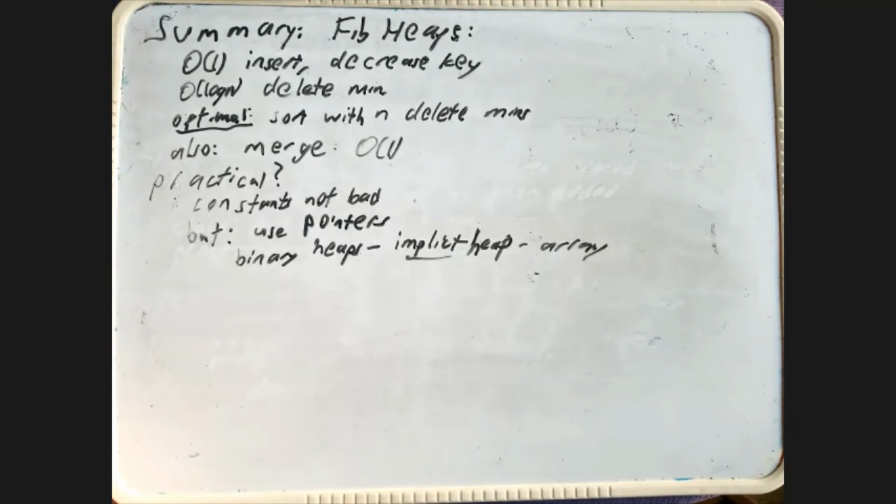And this is at all different levels of the hierarchy. Accessing disk is incredibly slow compared to accessing main memory. Accessing main memory is incredibly slow compared to accessing your level 3 cache. Accessing your level 3 cache is incredibly slow compared to accessing your level 2 cache, and so forth. So you really want to have locality in access to memory. And the fact that Fibonacci heaps use pointers means that you lose that locality. And so that's quite likely to kill you if you try to use Fibonacci heaps as they are.